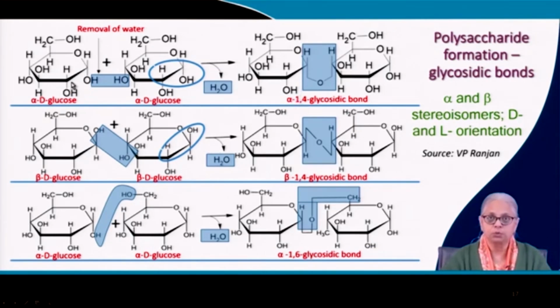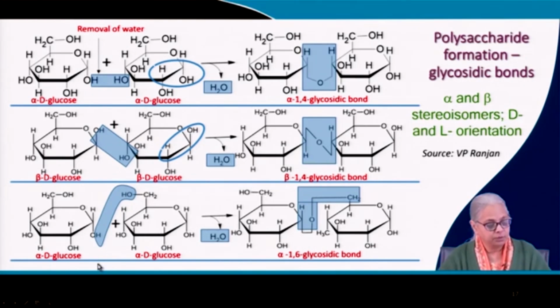So they are all D-glucose molecules. That's how the two alpha D-glucose molecules will come together by bonding at the C1 position of one and the C4 position of the other, and that's why it's called an alpha 1,4 glycosidic bond. Now, if you have two beta D-glucose, alpha and beta being stereoisomers, they will bond together, and therefore you will get what is called the beta 1,4 glycosidic bond.